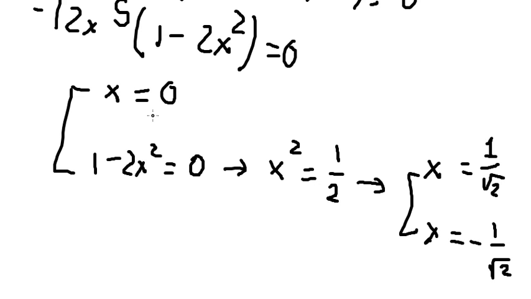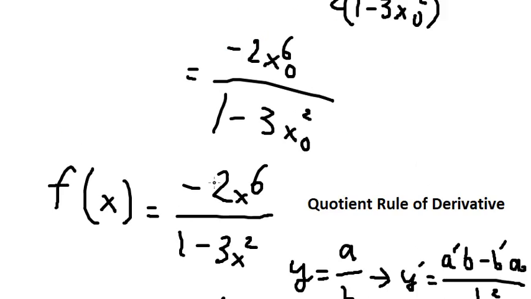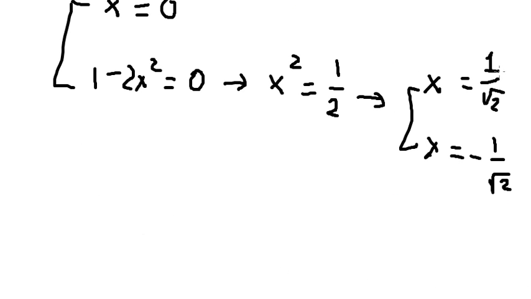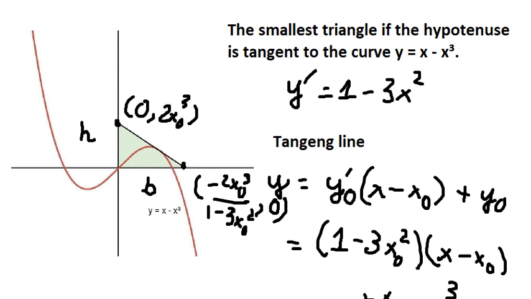So in this situation, we have two scenarios. The first one, when s equals number 0, that means the tangent will go like this. So we don't have the value of the triangle, but we have s equals 1 over the square root of number 2 and negative 1 over the square root of number 2. That means they have another tangent in here. So that means we have two triangles.